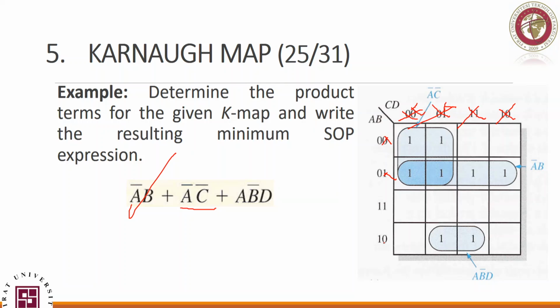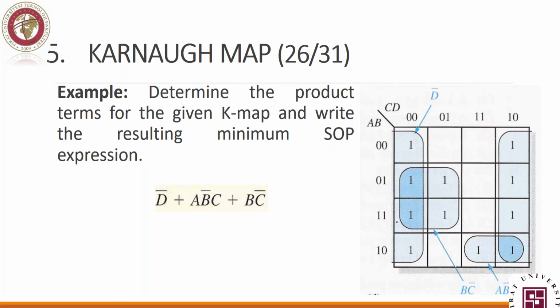So A B bar will be the same, but here look, C bar D, C D, C will cancel, C bar will cancel C, and what will be left is D only, A B bar D, this one. All right.